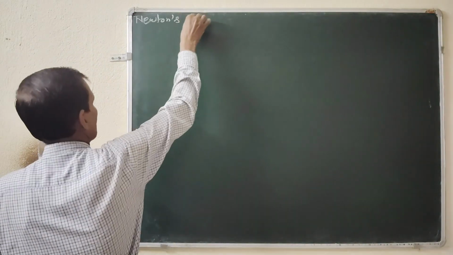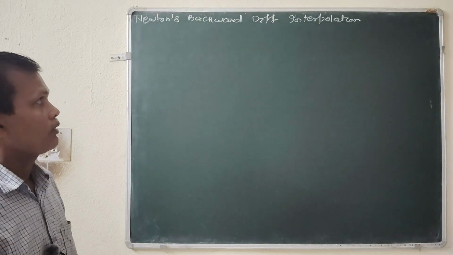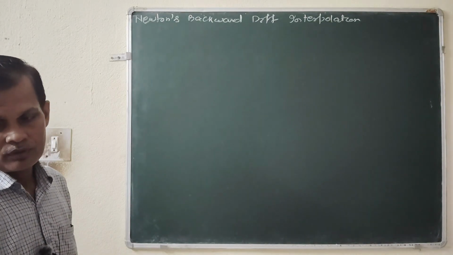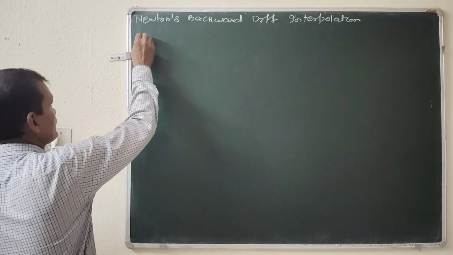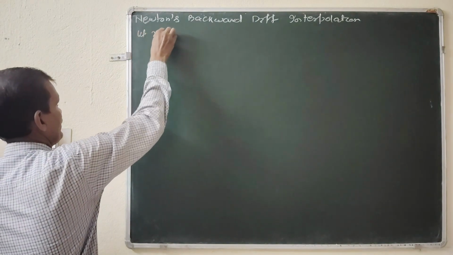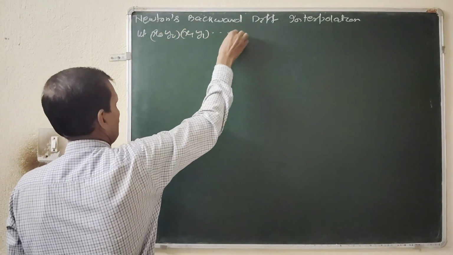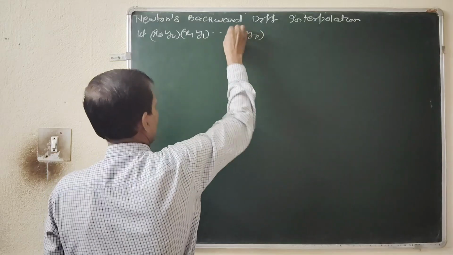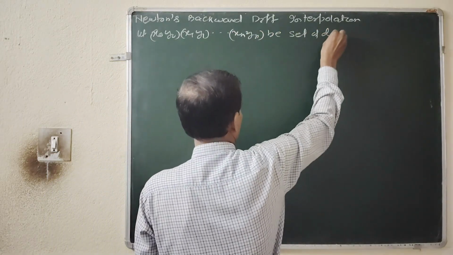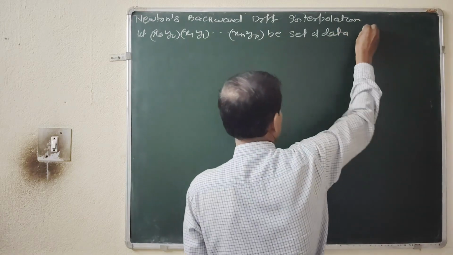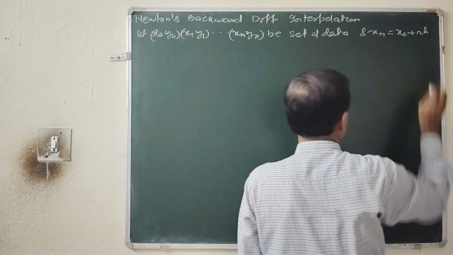Newton's backward difference interpolation. Okay, so you see how we derive. Like the previous case, here also we will have the data. So let x0, y0, x1, y1 up to xn, yn be a set of data, and xn is equal to x0 plus nh.